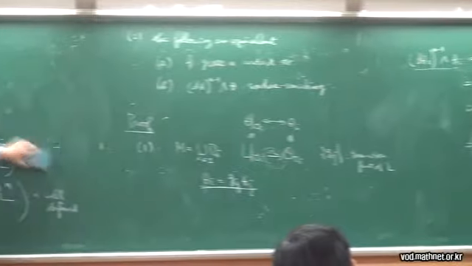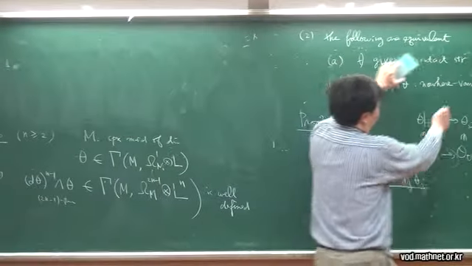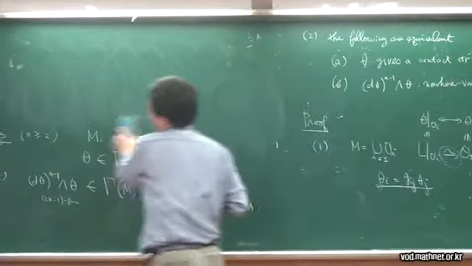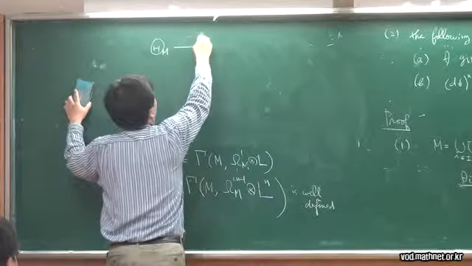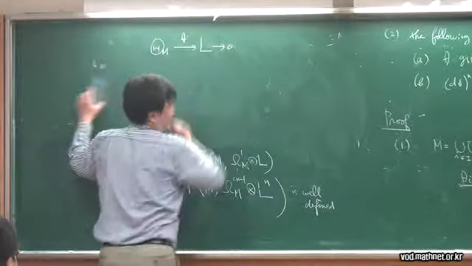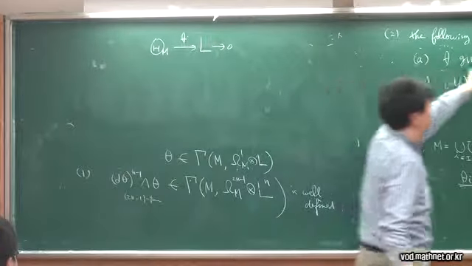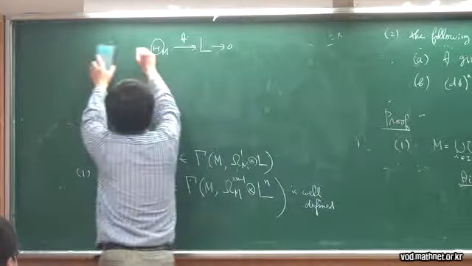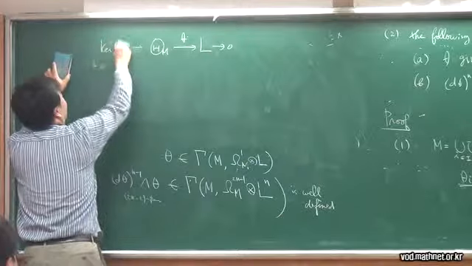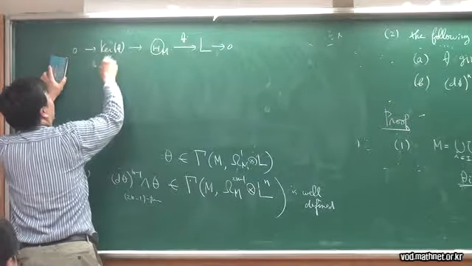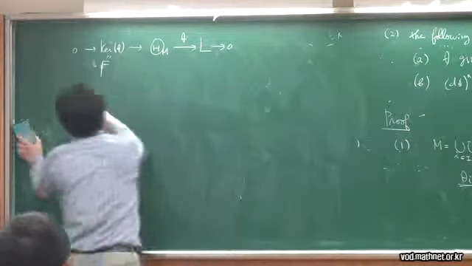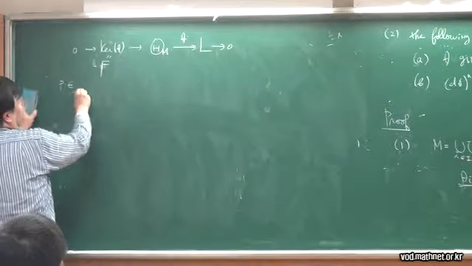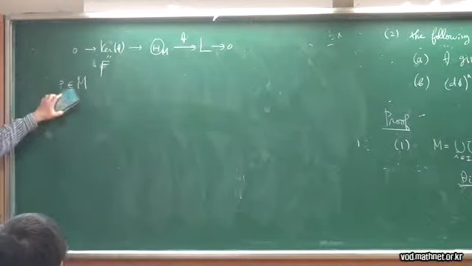If theta gives a contact structure, then we have the following exact sequence: theta from TM to L, and this is surjective by the definition. And you take the kernel of theta. We call this F. And take an arbitrary point p from M.